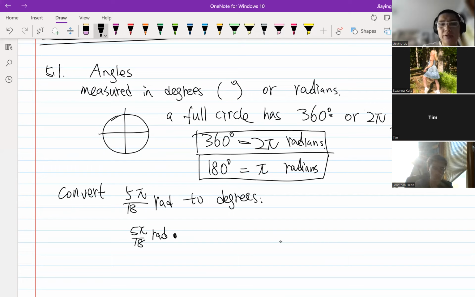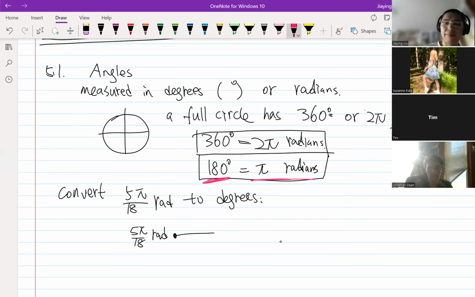The way I do the conversion is I multiply a ratio based on the conversion. So the conversion says 360 degrees equals 2 pi radians, or 180 degrees equals pi radians, right? Doesn't matter which one to use. So I'm going to take those two values, I'm going to put them in terms of a ratio.